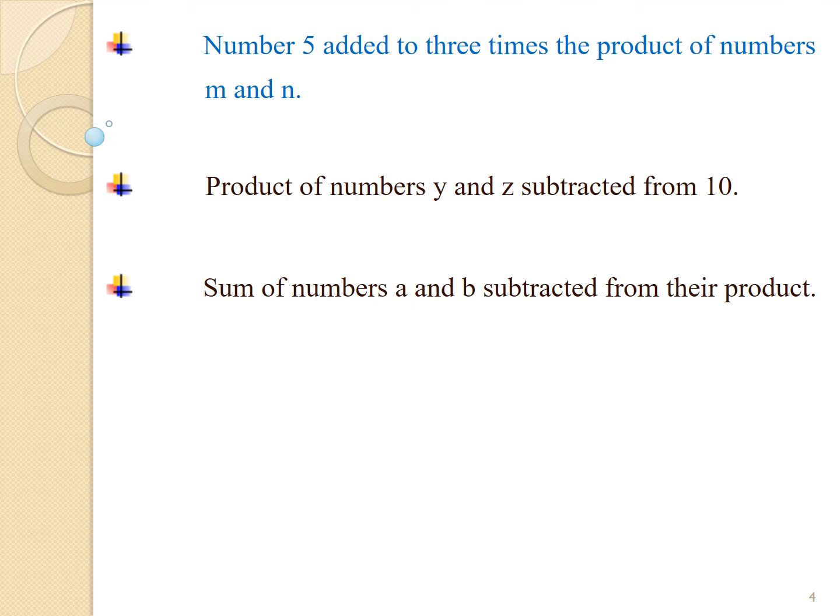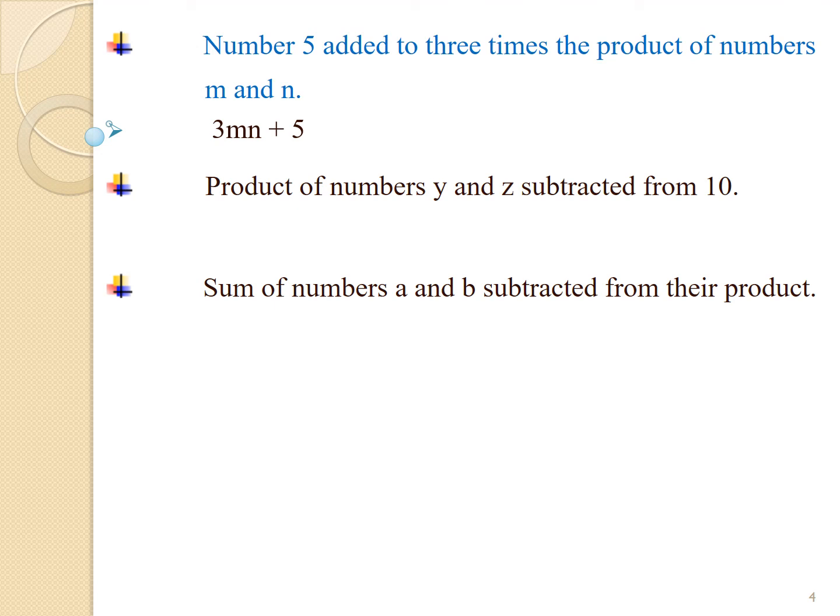Thus, multiplying mn by 3, we get 3mn, and adding 5 to 3mn, we get 3mn plus 5. Thus, the expression for the given statement is 3mn plus 5.